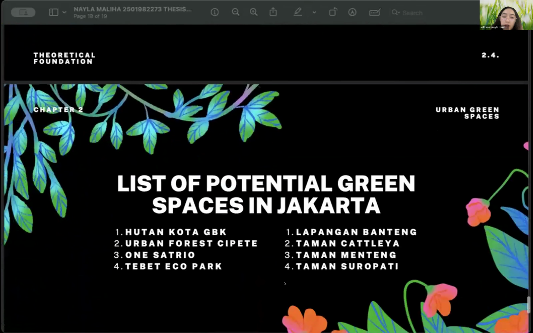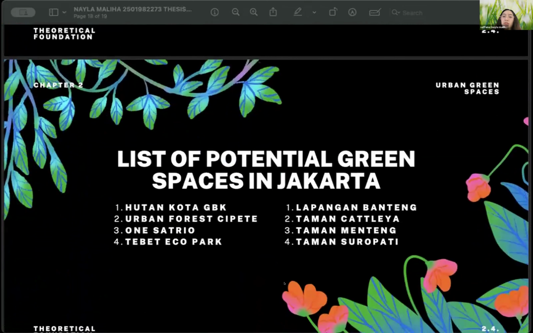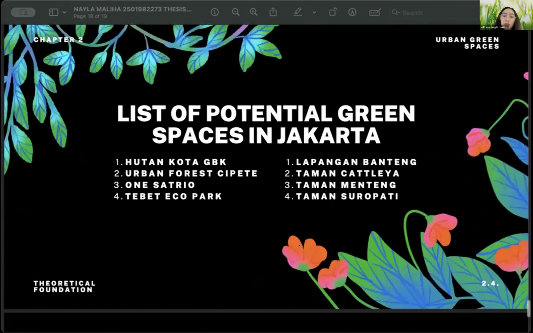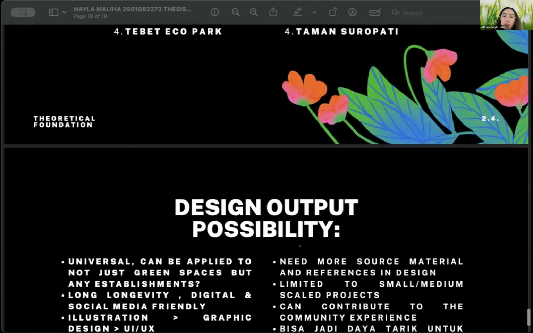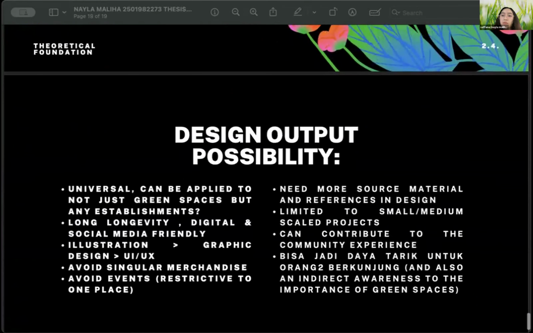Here is a list of potential green spaces in Jakarta that I will explore and examine, although everything is still subject to change. Either I can decrease it or increase the amount, but we'll see about that later. The reason why I can't move to chapter 3 yet is because I'm still finding a possible design solution for this topic, although I have some personal notes and some requirements that I wrote down.